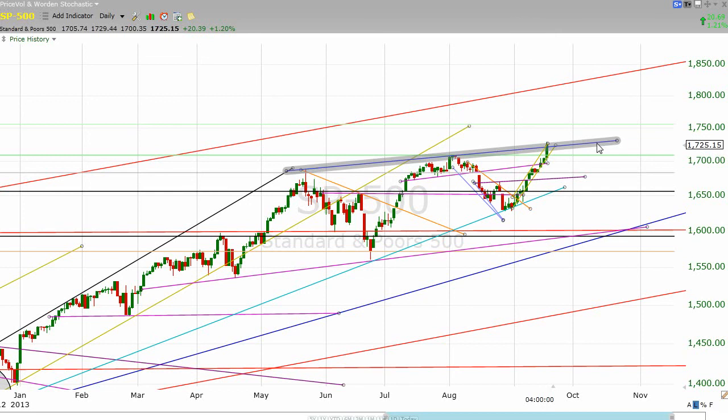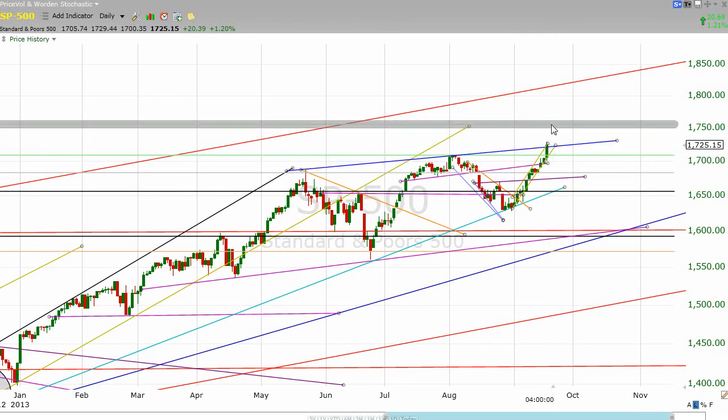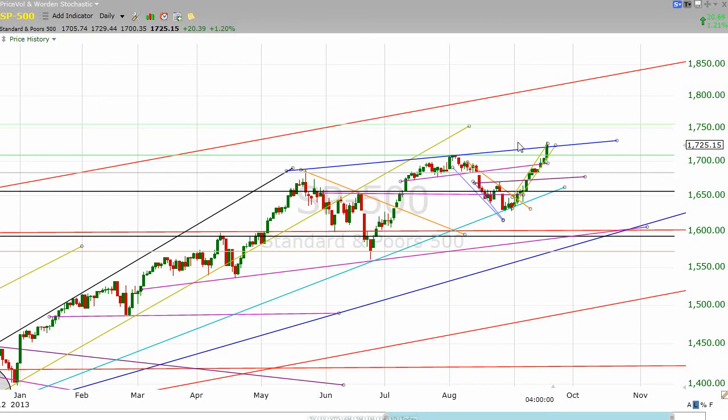Or is this line flat enough to where we would consider any more move above it to be a breakout over this level? That's just a question that I've got, and I'll be honest with you, it's an honest question because it is a question to me, and I do not have the answer.